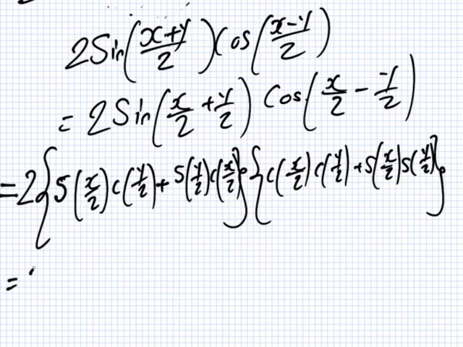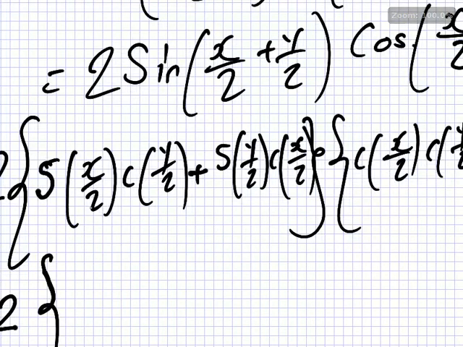So this would be 2. No, sine a minus b has a minus. But this is sine a plus b. Oh, of course. Continue. So this is sine x over 2 cos y over 2 times cos x over 2 cos y over 2.